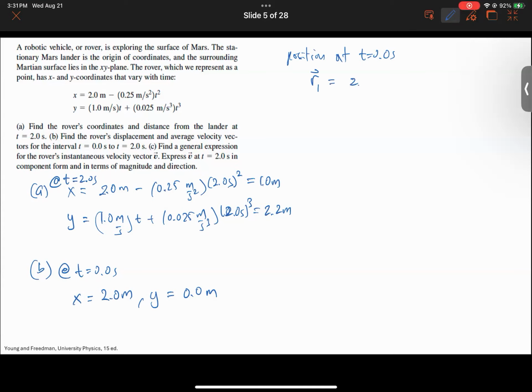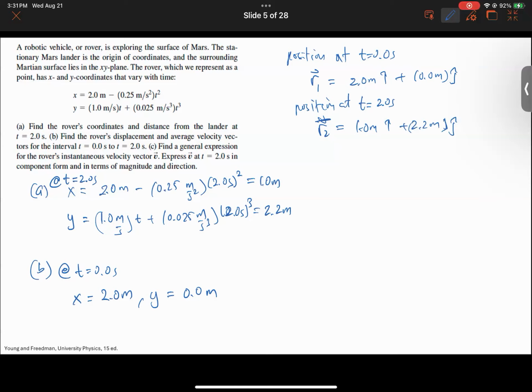So R1 equals 2.0 meters i hat plus 0.0 meters j hat. And then yung position at t equals 2 seconds, that's R2 equals 1.0 meters i hat plus 2.2 meters j hat.